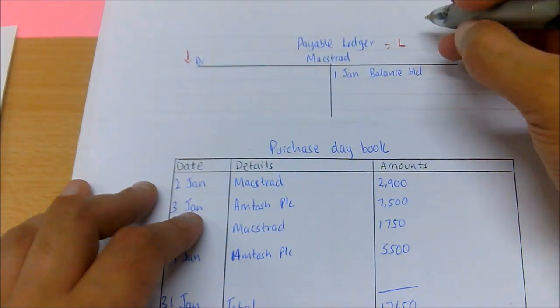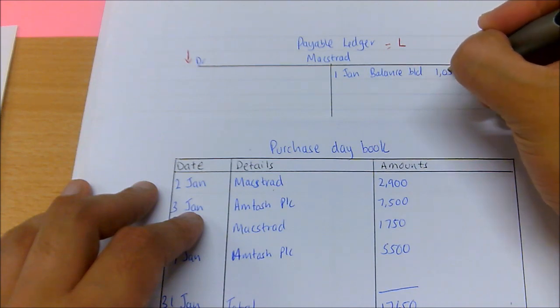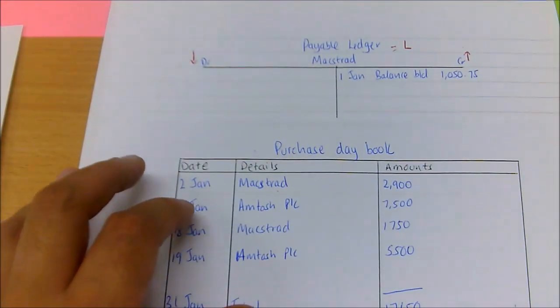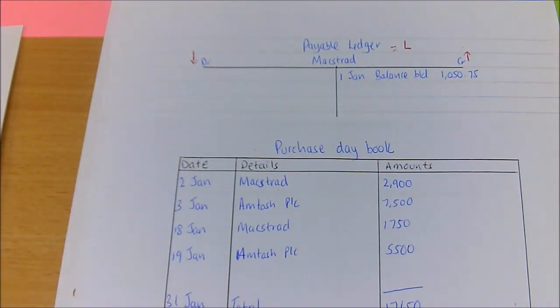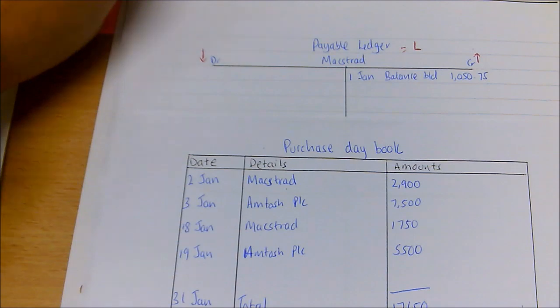So it's brought down from the last month in the value of 1,050.75. Okay, so this is really important to remember to put the balances in first. It can quite easily be missed out if you don't fully read the question.